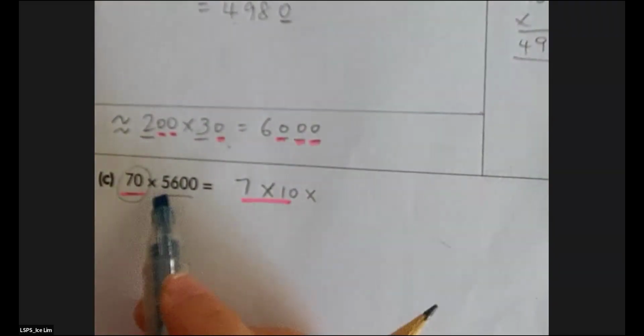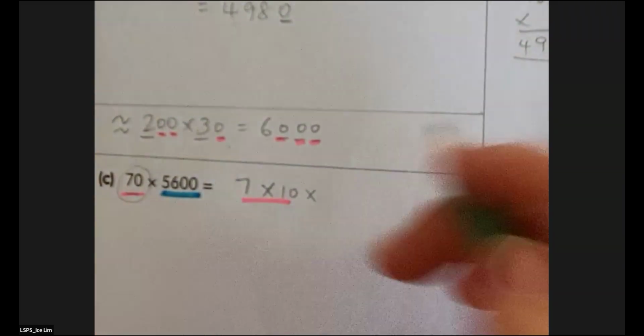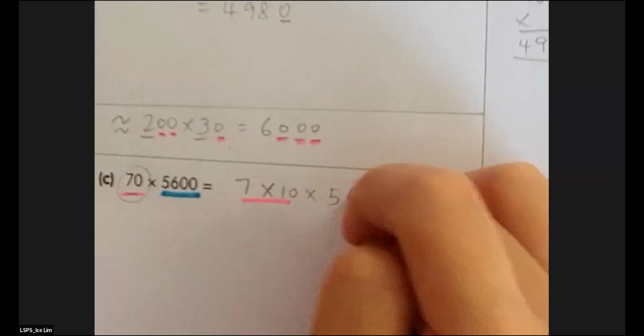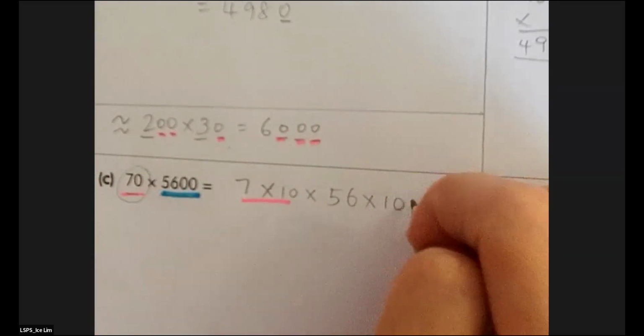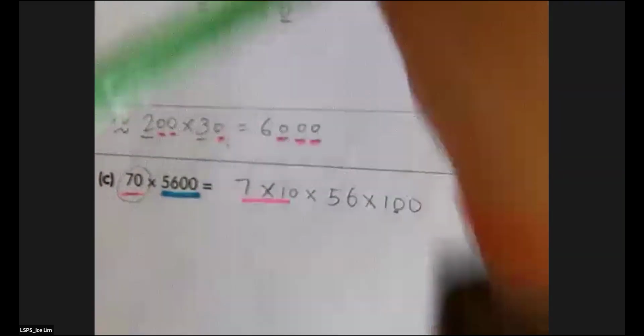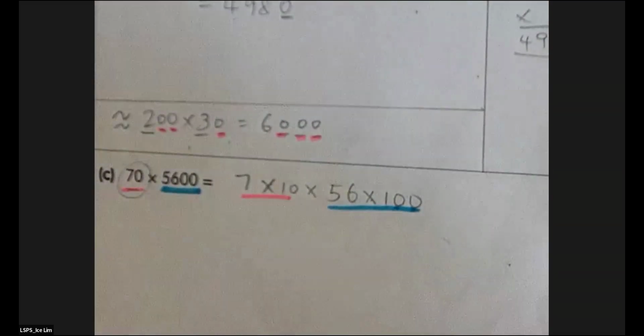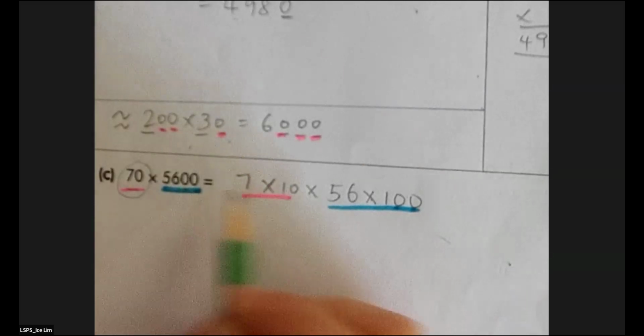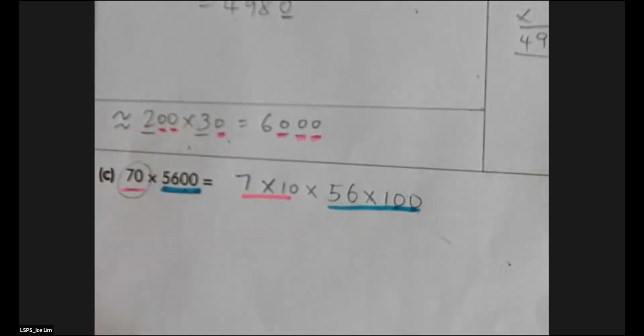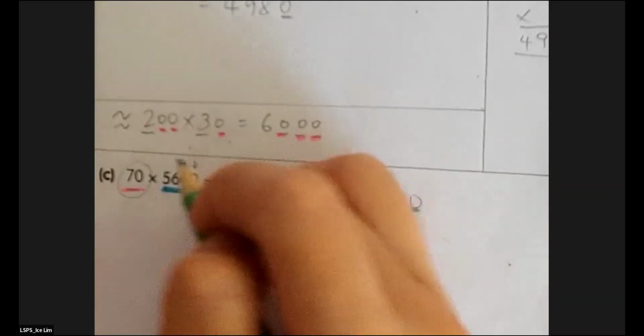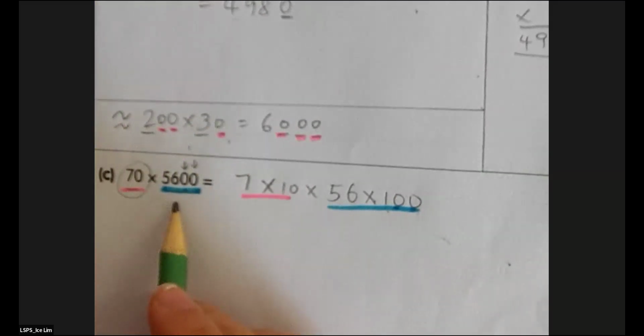Then the next one is 5,600. So I'm going to do this as 56 times 100. Look at the number of zeros. It's 5,600.